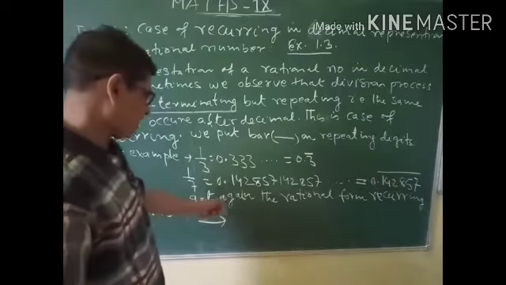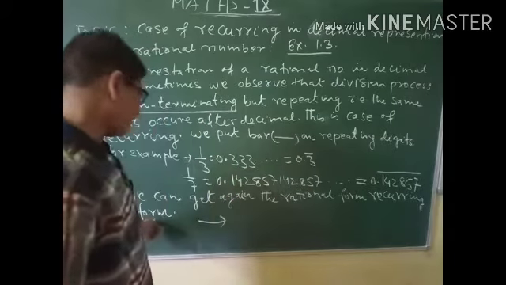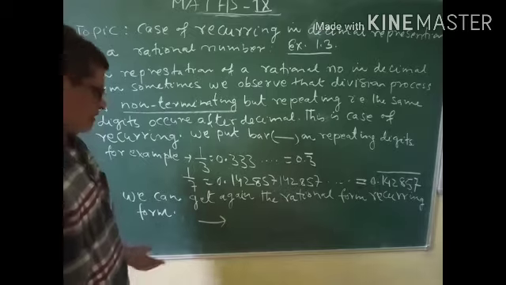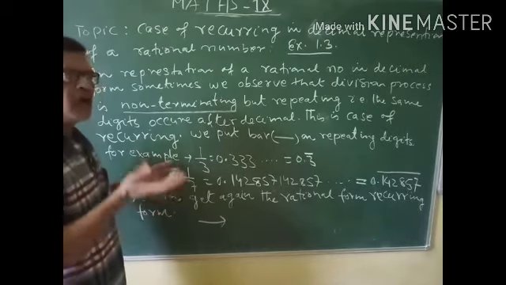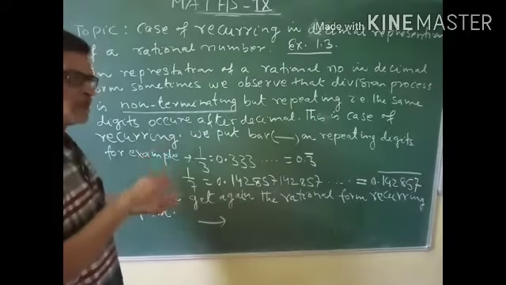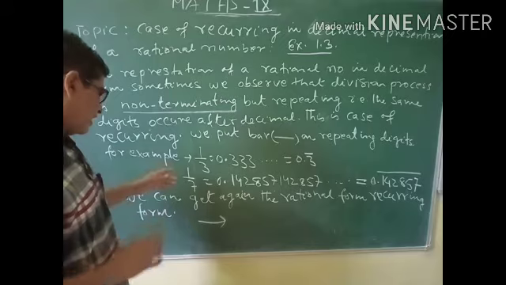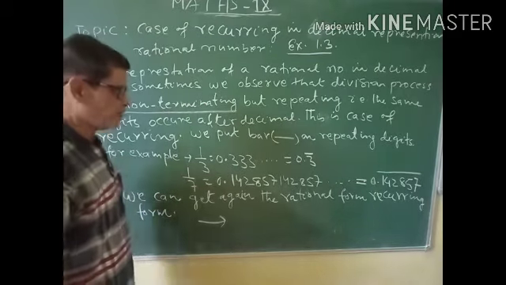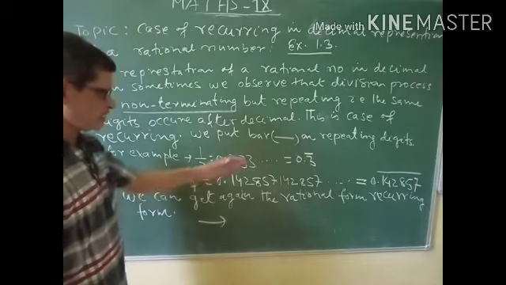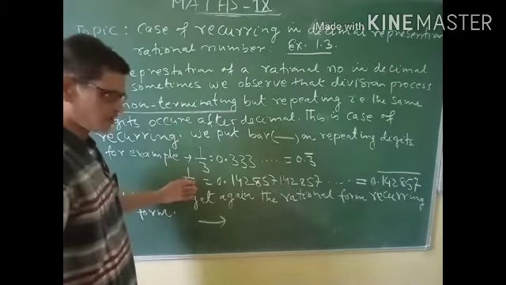We can get again the rational form, recurring form, and this is what we say, that recurring and rational form are both the same thing. A rational number can be represented by recurring form, and recurring form can be converted into rational form.